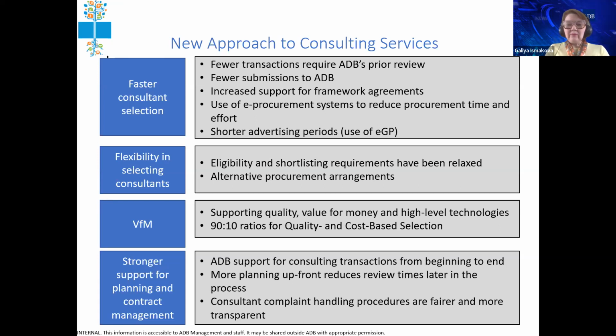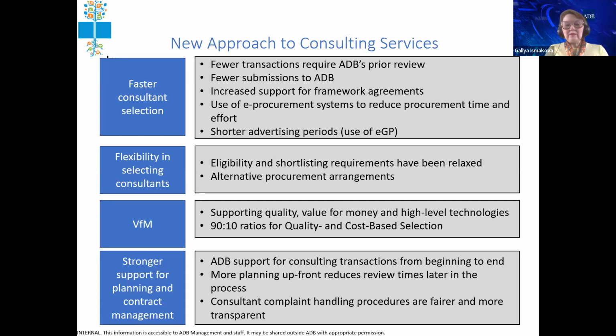We also have relaxed eligibility requirements for the experts that are engaged under firm assignments as well. With more prevalent alternative procurement arrangements, including those with World Bank and other development partners, we also have looked at relaxing eligibility requirements.